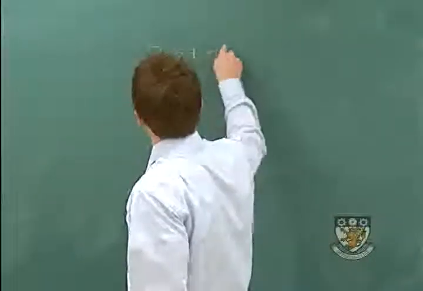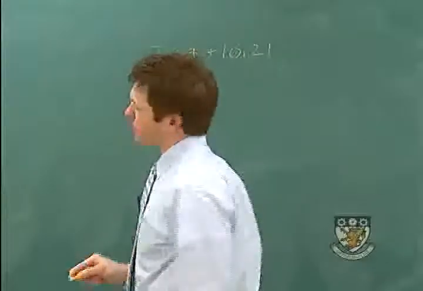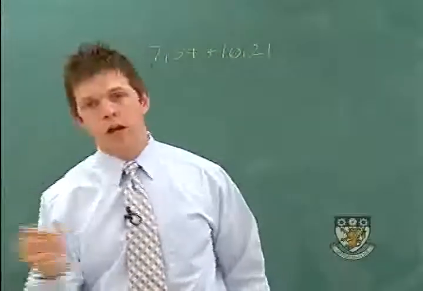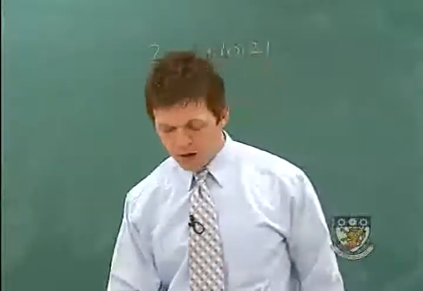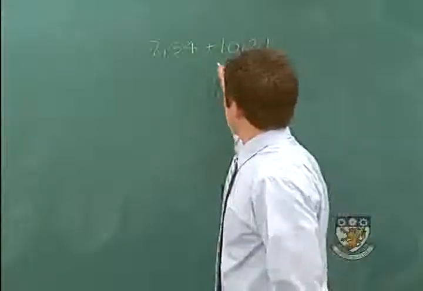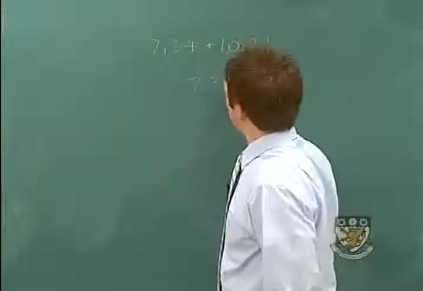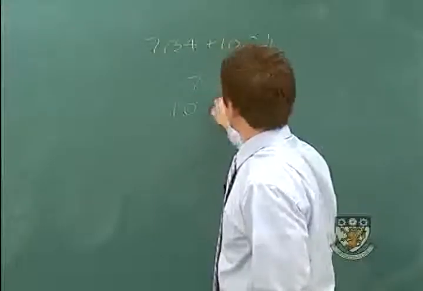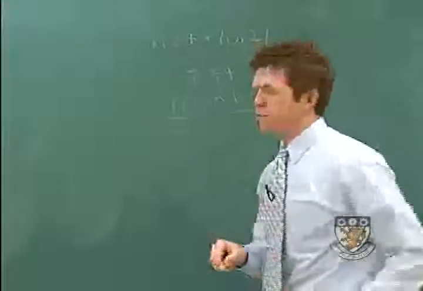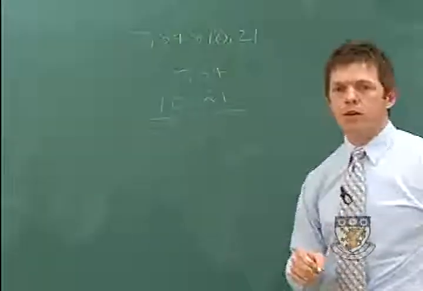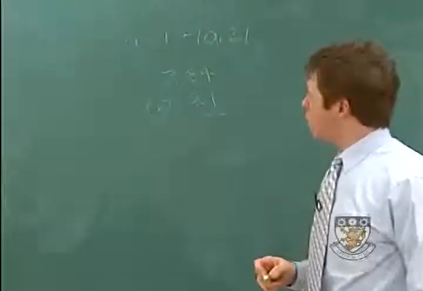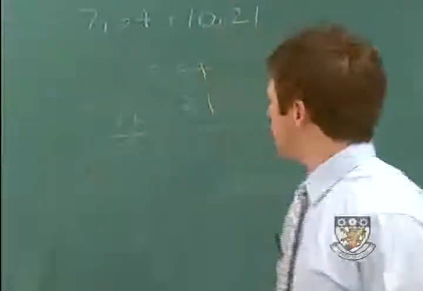For example, 7.34 plus 10.21. Whether you do it horizontally or vertically doesn't really matter. But let's do it vertically the first time so you can see how it works. All of you have worked with money, so you know how to add and subtract with decimals.